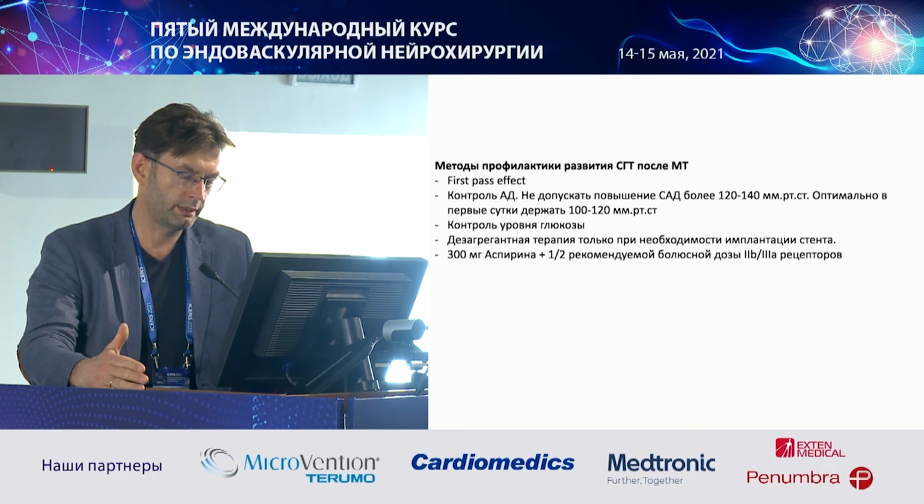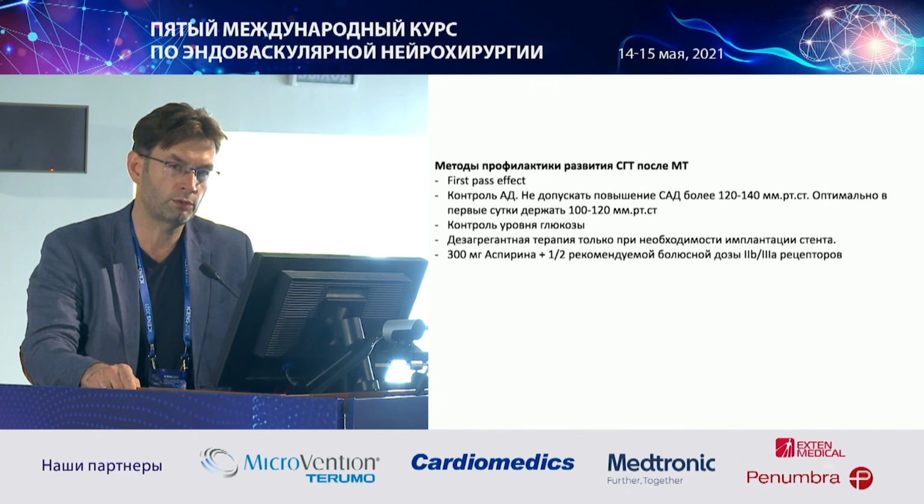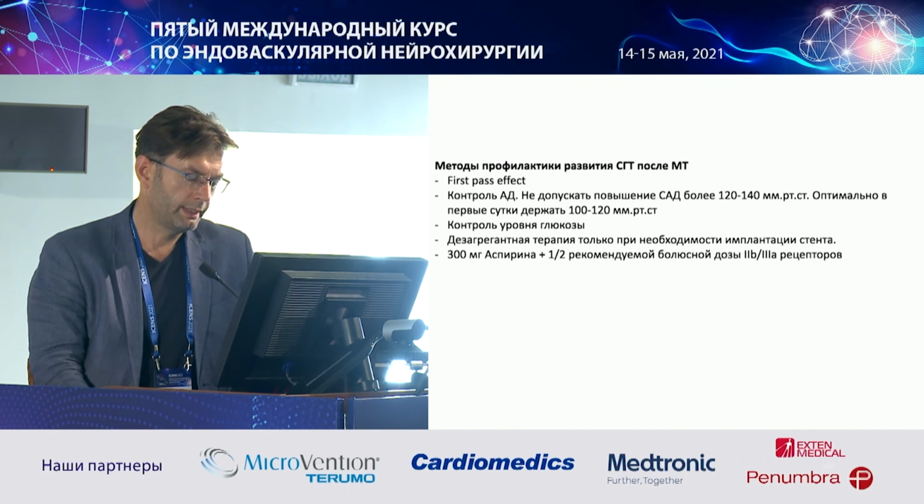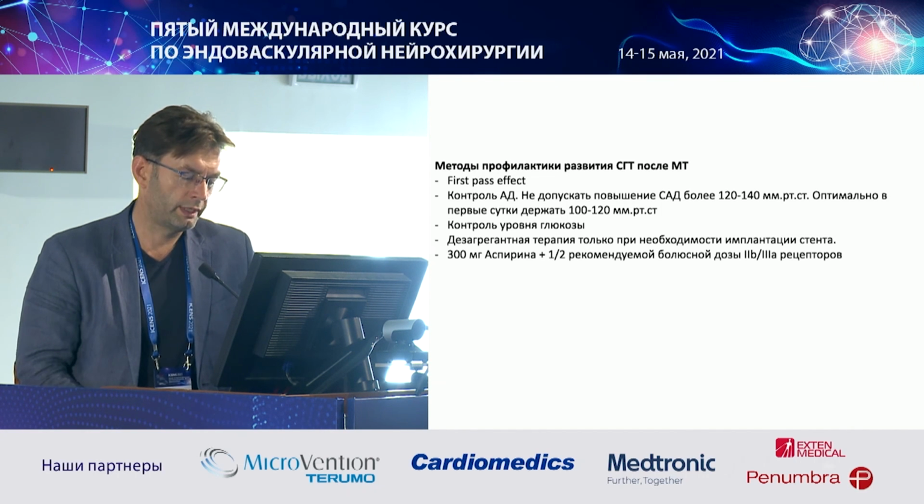And if we sum up what's been published, we can say that for prophylaxis of symptomatic hemorrhagic transformation after mechanical thrombectomy, we might consider the first pass effect, and the first pass effect is a very important factor no matter what technology you rely upon.